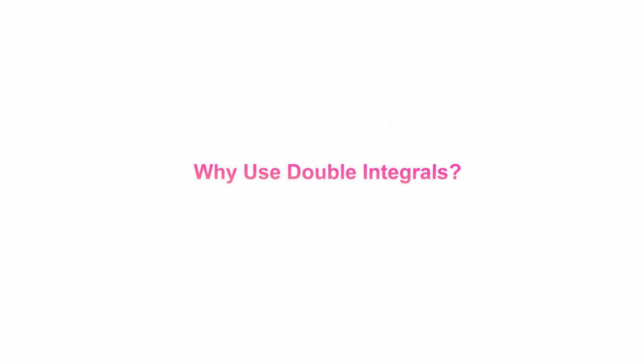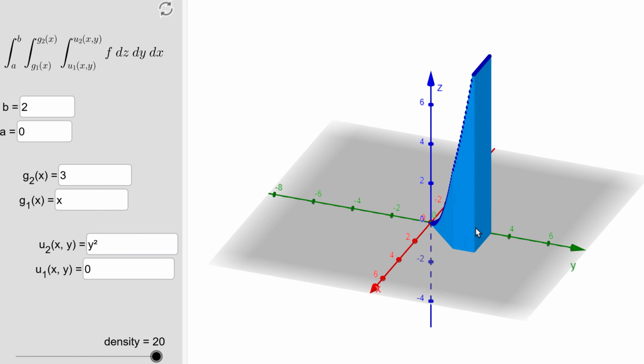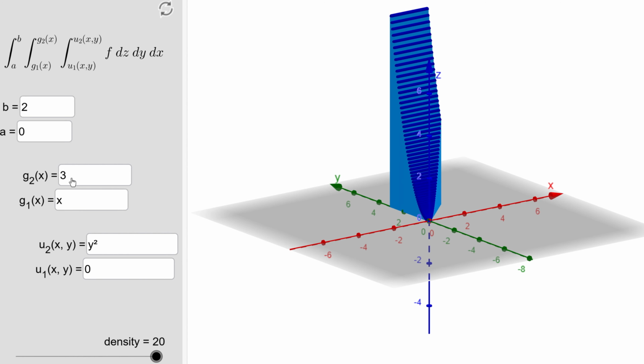Why use double integrals? Double integrals are crucial because they allow us to calculate area and volume, solve real-world problems, and also describe continuous distributions. For example, when we talk about areas and volumes, one of the most basic uses of double integrals is to compute areas in 2D and volumes in 3D. Now, when it comes to real-world problems, it is widely used in physics and engineering.